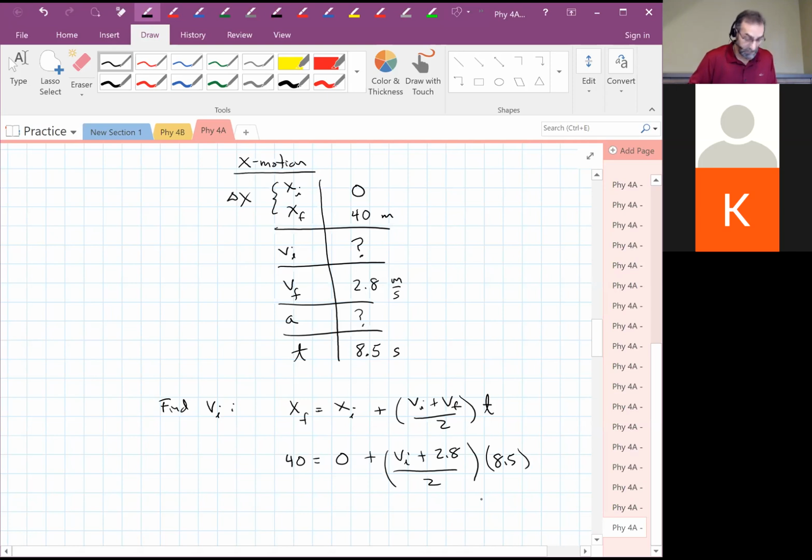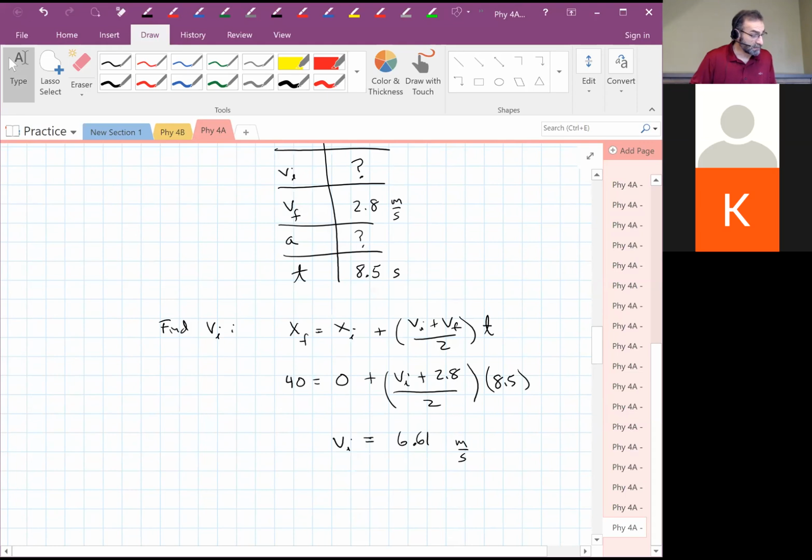And so we get v initial is, well, what does it have to be? Same as what we got in the previous method, 6.61 meters per second. And then we can use any equation to solve for acceleration. The easiest one to get acceleration from is v final is v initial plus at.